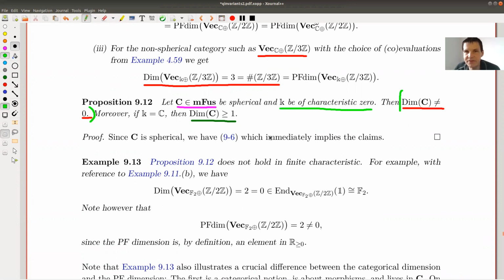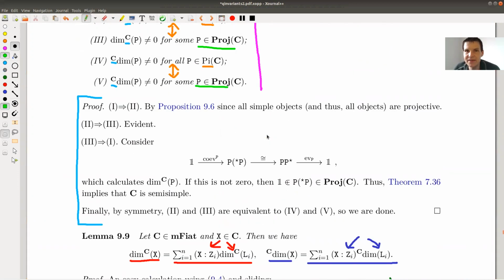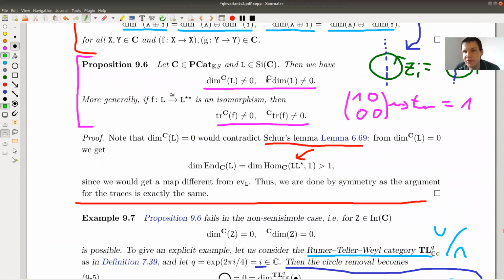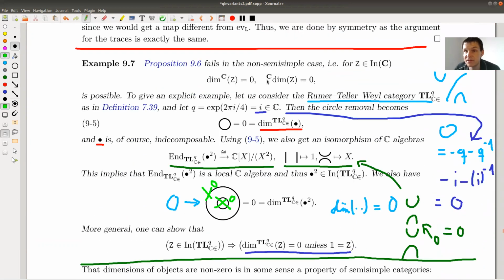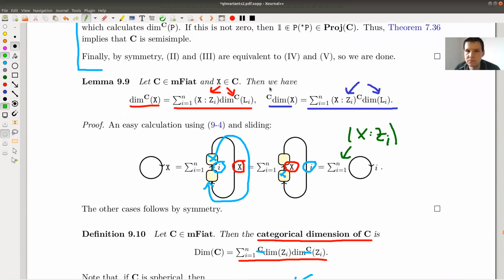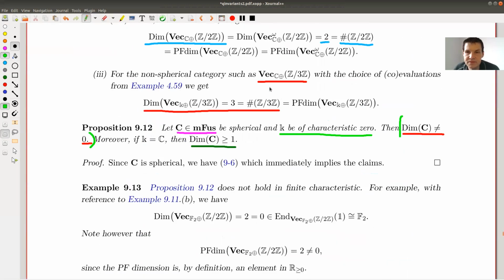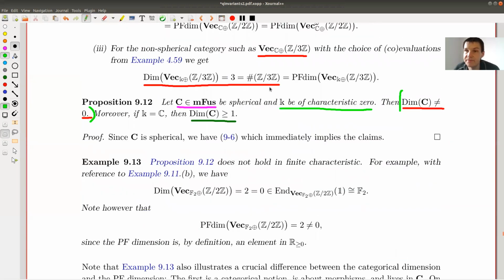And why do you need characteristic 0? Well, you want to take the sum of the dimensions of the simple objects, of which you know that they are not 0. So in characteristic 0, you're of course happy, you just sum them up. In characteristic p, if you take a sum of the same object p times, then it's 0. So you have to be a little bit careful with characteristic 0 or not.